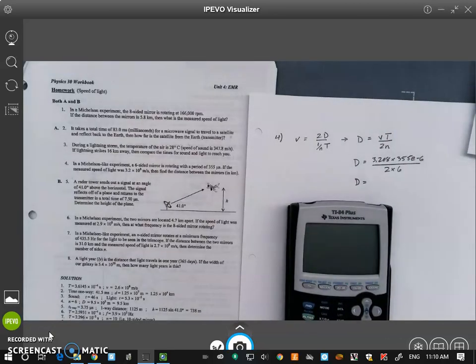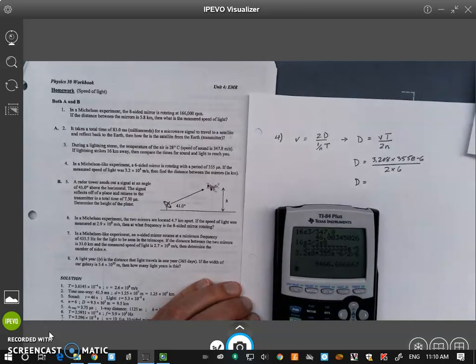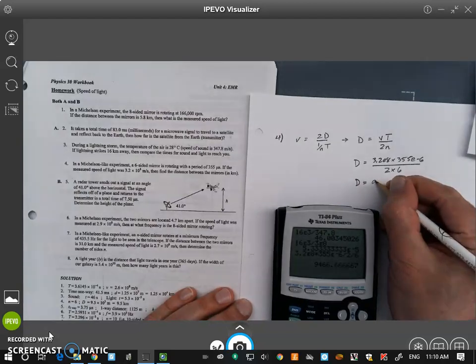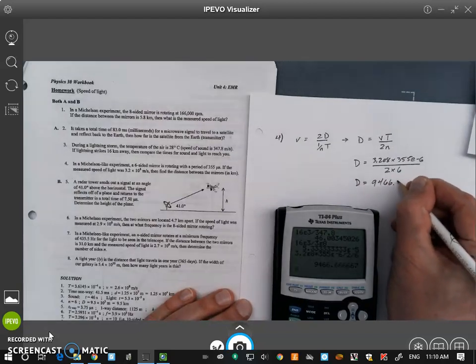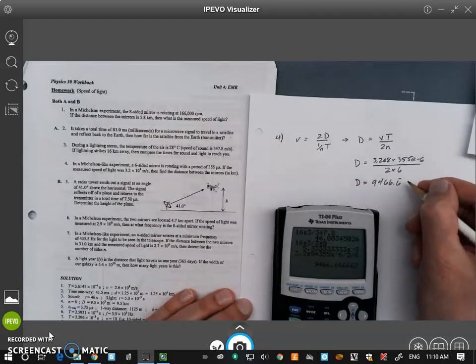And the calculation. Okay. All right, I get 9,466.6 repeat, so to 2 significant digits, we've got 9.5 kilometers.